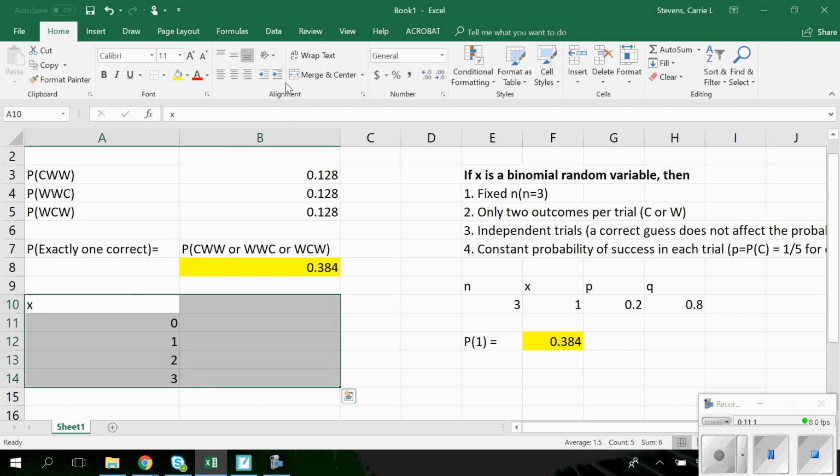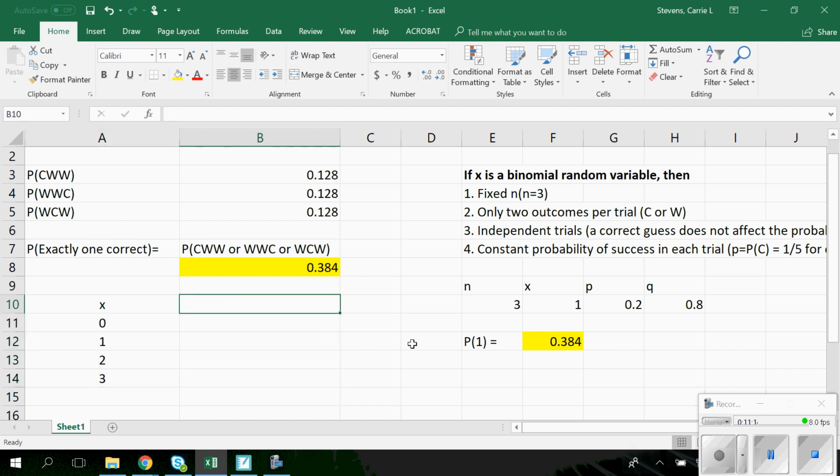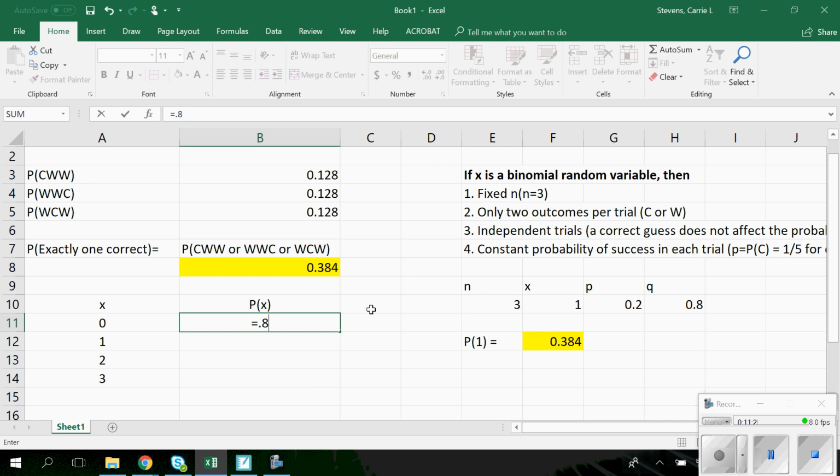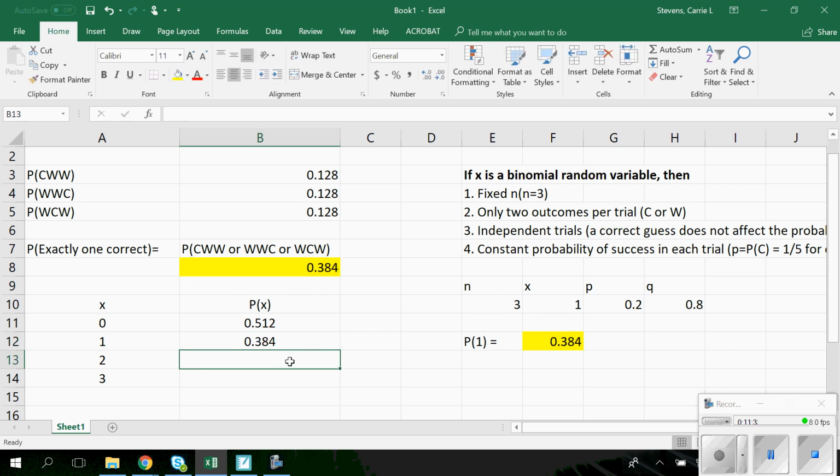Then for the probability of each one of those, you would have to calculate P of x. The probability of all wrong would be 0.8 to the power of 3. This one we already calculated right here. And the probability of getting all correct is easy to do. Correct 3 times would be 0.2 to the power of 3.